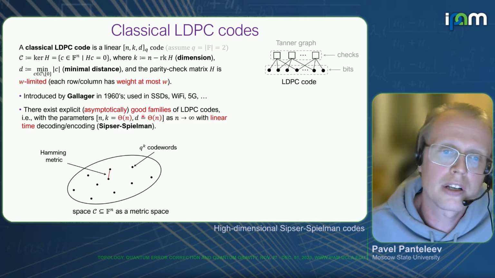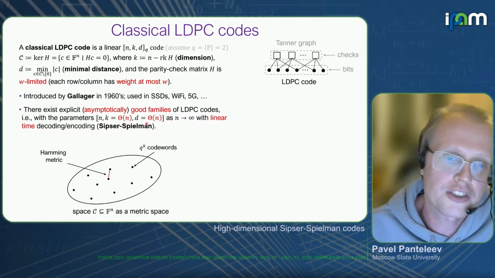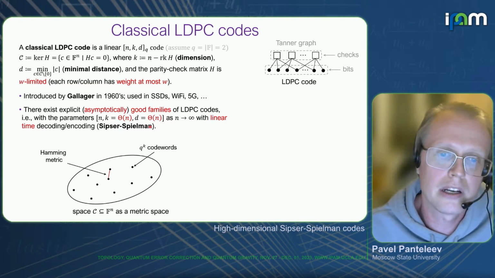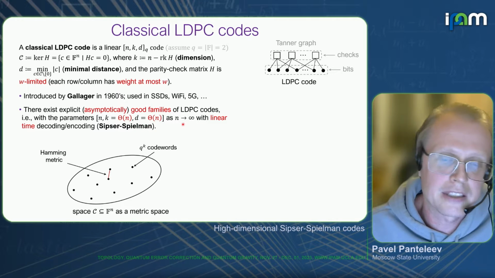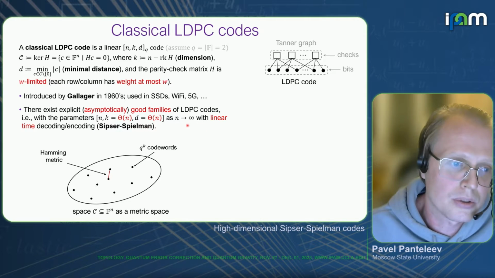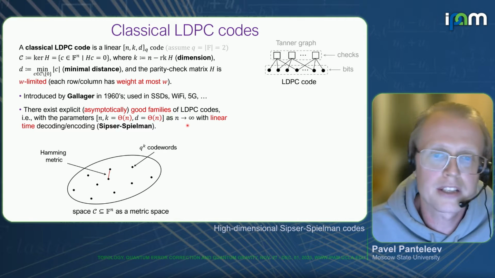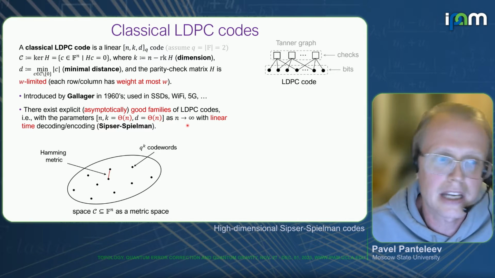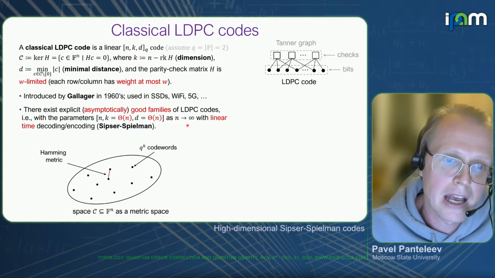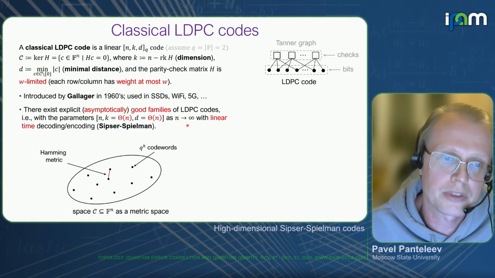By asymptotically good, I mean that the dimension and the distance grow linearly as the length of the code grows. And moreover, these codes also have linear time decoding and encoding. And this latter result is mostly due to Sipser and Spielman.